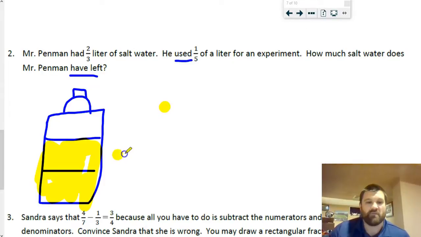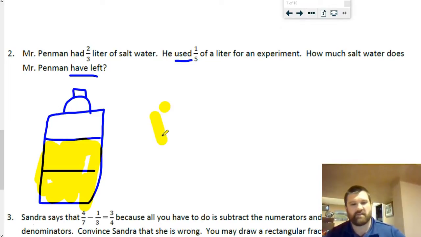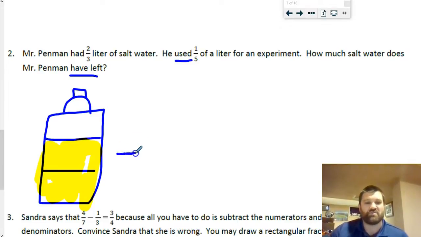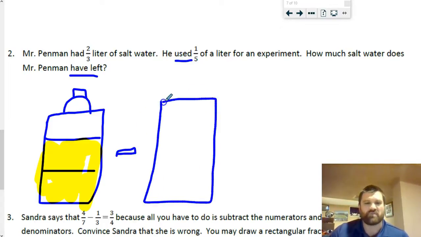So he uses. So I think we decided it was going to be subtract, right? So again, we have this cool water bottle. He's going to use a little bit of it.